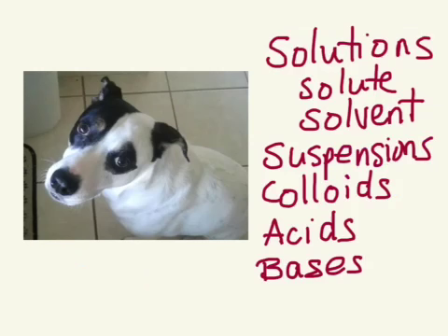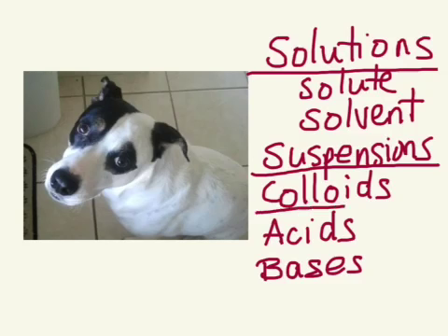Okay, so as a final and reviewing kind of conclusion here, we talked about solutions and how solutions are a type of homogeneous mixture in which you have a solvent which dissolves a solute. A solvent is present in the greater amount, so you dissolve the solute in the solvent. We also talked about suspensions, which are a type of heterogeneous mixture in which all the particles tend to fall to the bottom like salad dressing.